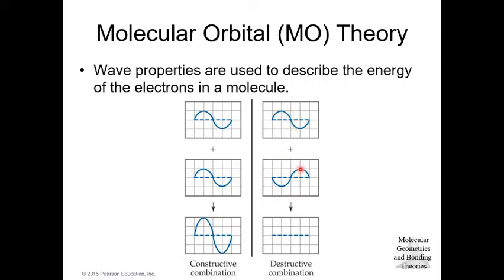If these waves are out of phase, the trough and the peak coincide, then they cancel out. That's called destructive interference. So constructive interference, the waves are in phase and they add to each other. If they're out of phase, they cancel out. So we're going to use these ideas of constructive and destructive interference and insert that into a bonding theory.